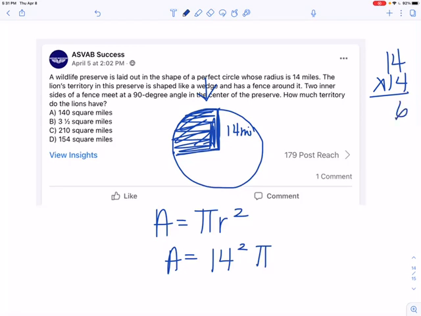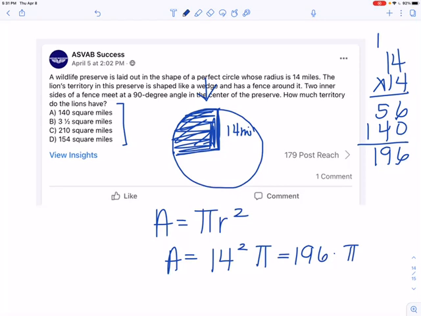We have 196. So this is 196 times pi. Now, none of our answers here have pi, so I'm going to multiply by 3.14 because that's what pi represents. It's actually more than that, but we're going to round it to 3.14.